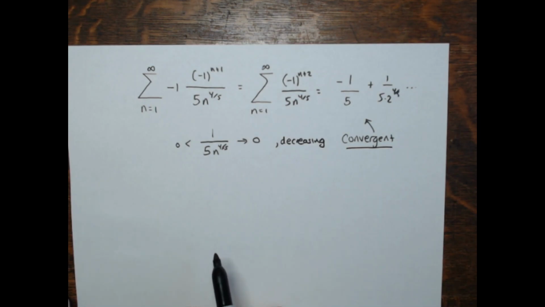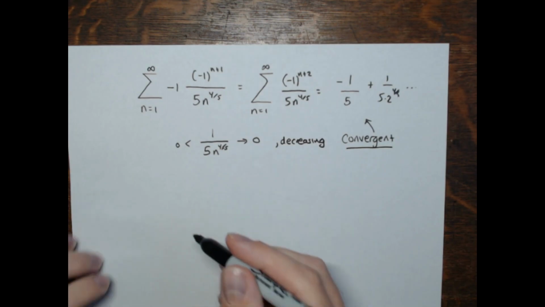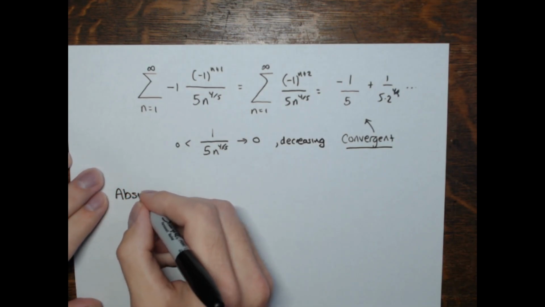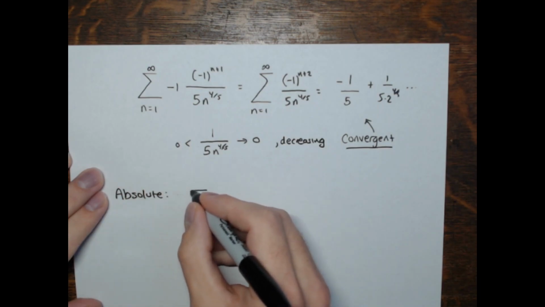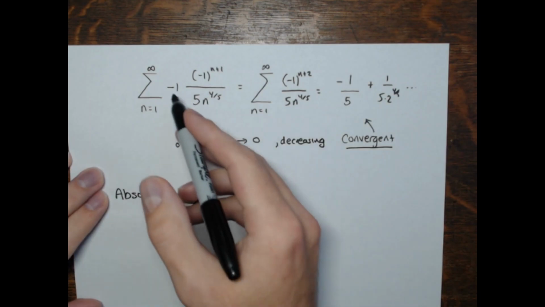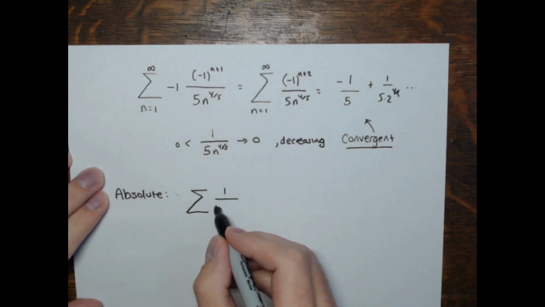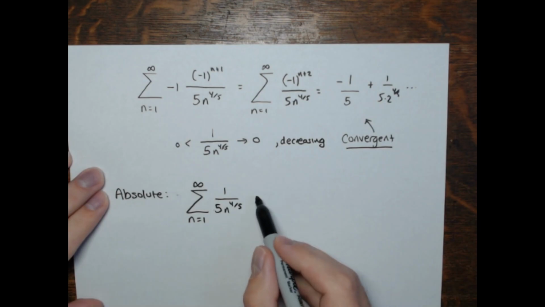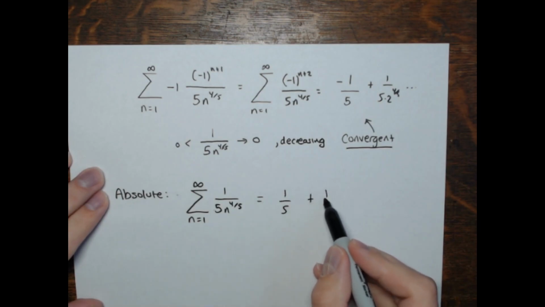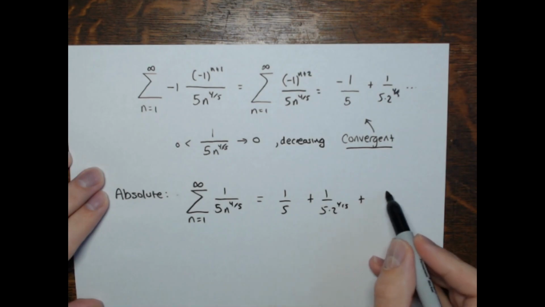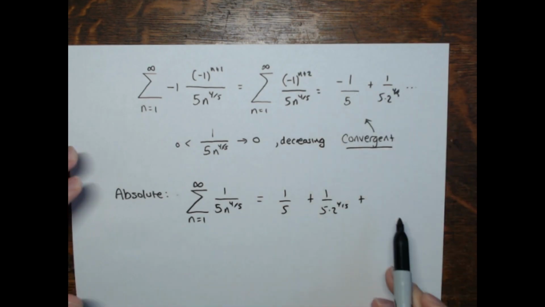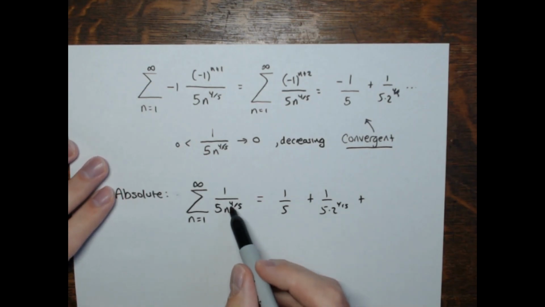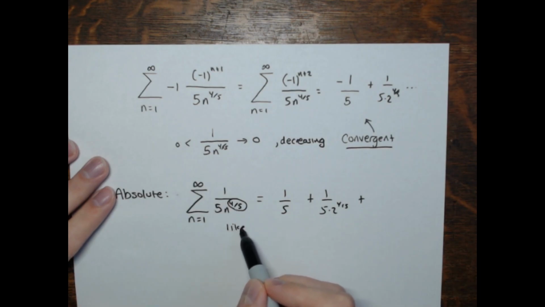But now let's see if it converges absolutely. So I just make all the stuff positive. That gets rid of all these negatives here. We're looking at this sum, just 1 over 5 plus 1 over 5 times 2 to the 4/5, and then so on. It's just all the terms from the previous series, but positive terms. Now I could do limit comparison, but you see how this is like the sum of 1 over n to the 4/5, right?